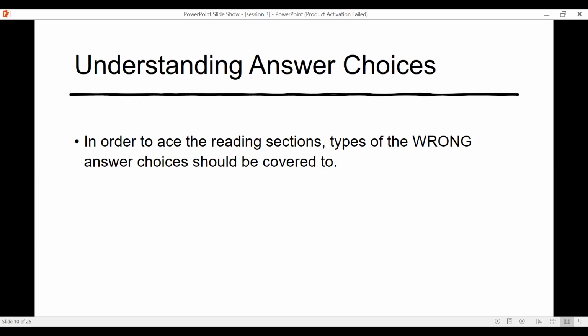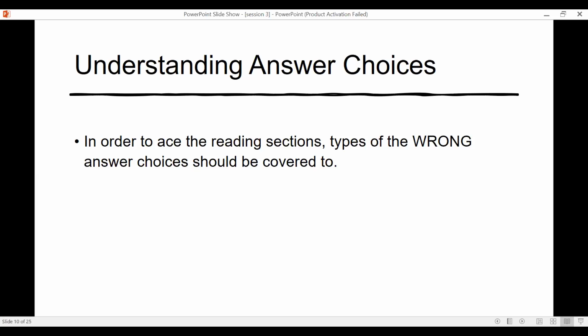It happens so many times that you cannot detect the right answer, but you can detect the very wrong answer choices because you know their types. So knowing the types of the incorrect answer choices will allow you to figure out which answer choices can be absolutely wrong.